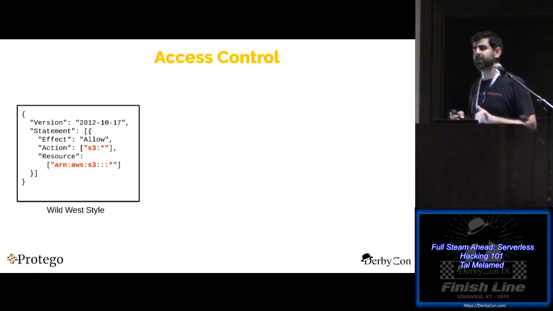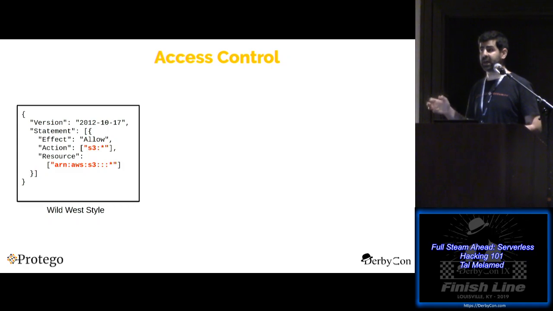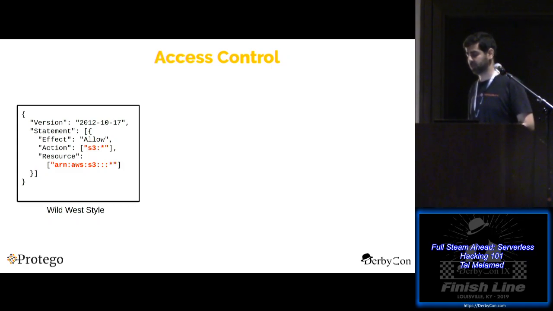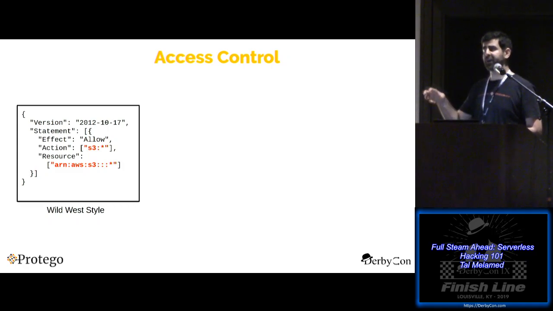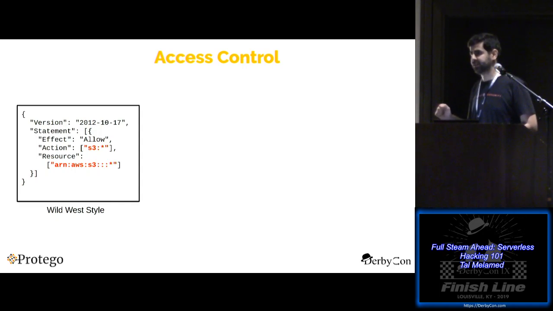Another very important aspect in serverless applications is the IAM roles, the access control. As I said, each function within the cloud account has different permissions. And you, as a developer, have to make sure your function has the right permissions in the account.